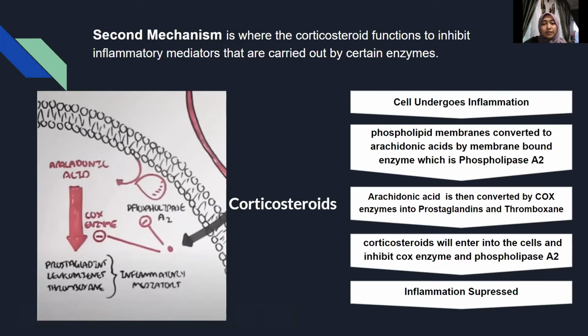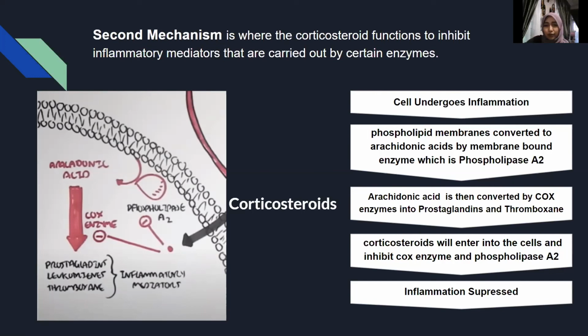So first thing first, when any triggers such as epinephrine, injuries, or bradykinin, all sorts of the inflammatory response, trigger the phospholipid membrane, it will release arachidonic acid with the help of phospholipase A2.